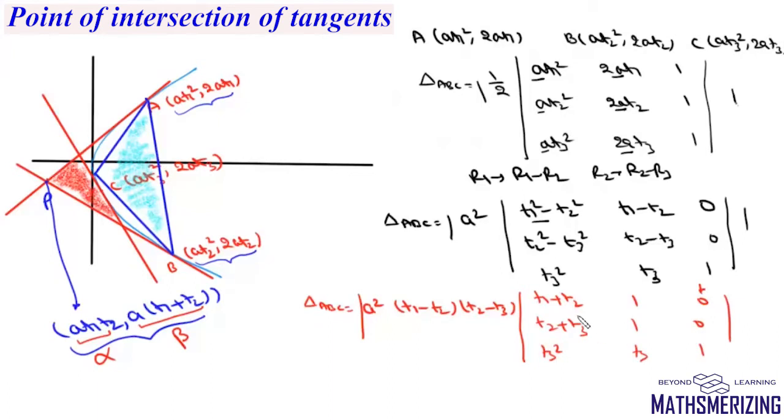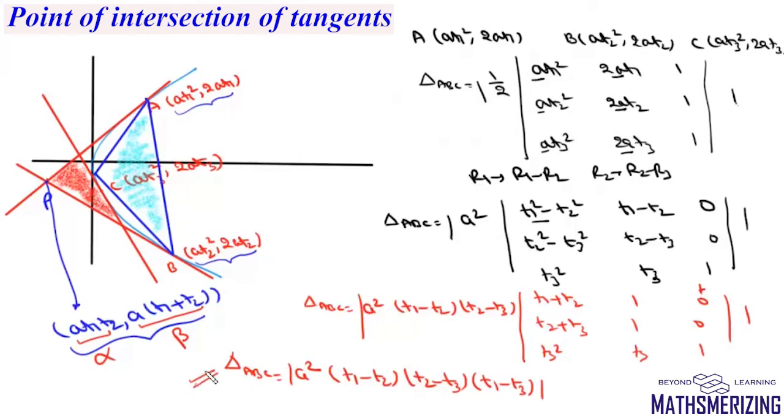Then t2 will cancel, and we'll get t1 minus t3. So the area of this triangle ABC will be a square times (t1 minus t2)(t2 minus t3)(t1 minus t3) with a mod sign. So that is the area of this triangle ABC.